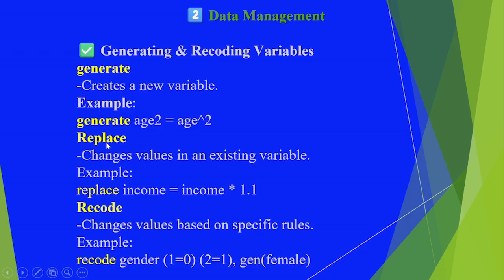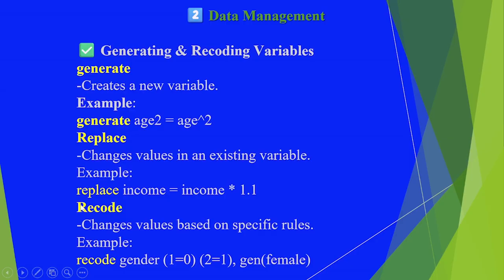And we have a replace keyword. So replace simply changes the values in an existing variable. For example, if we say replace income equals income times 1.1, it simply says that we will replace the existing income by increasing the values with a multiplication of 1.1.